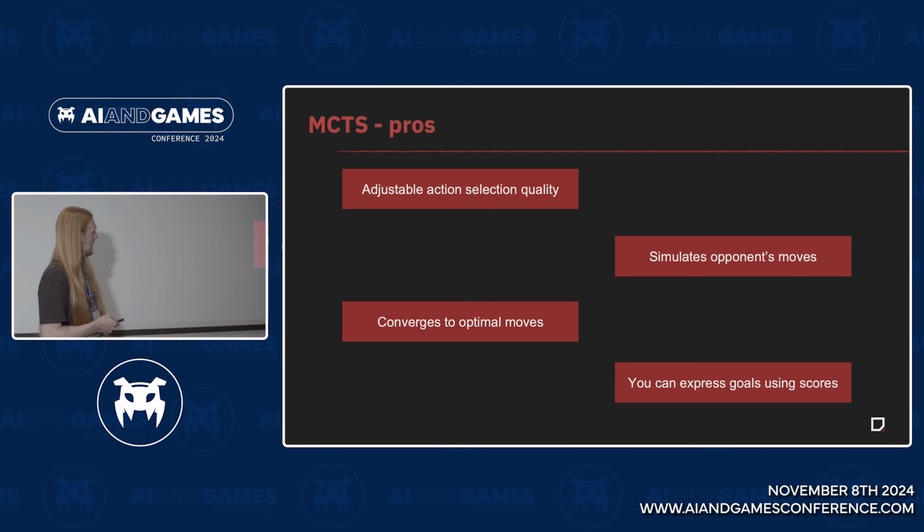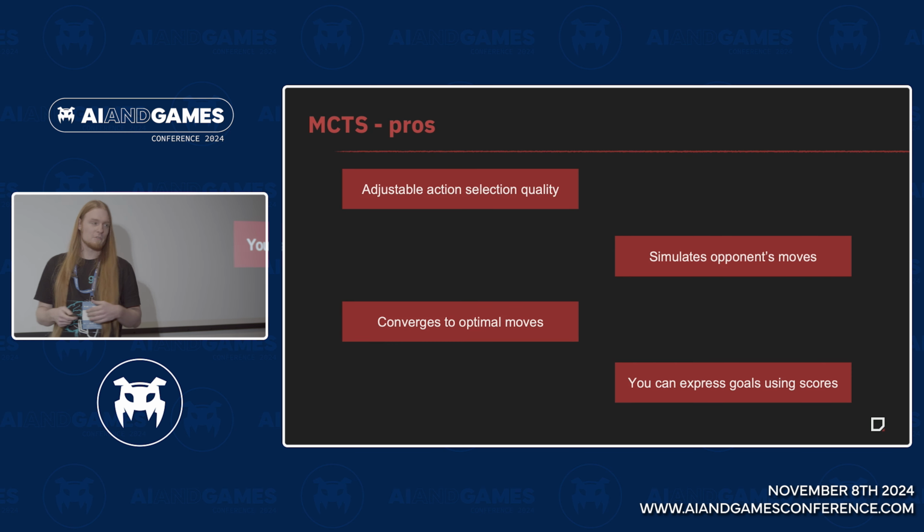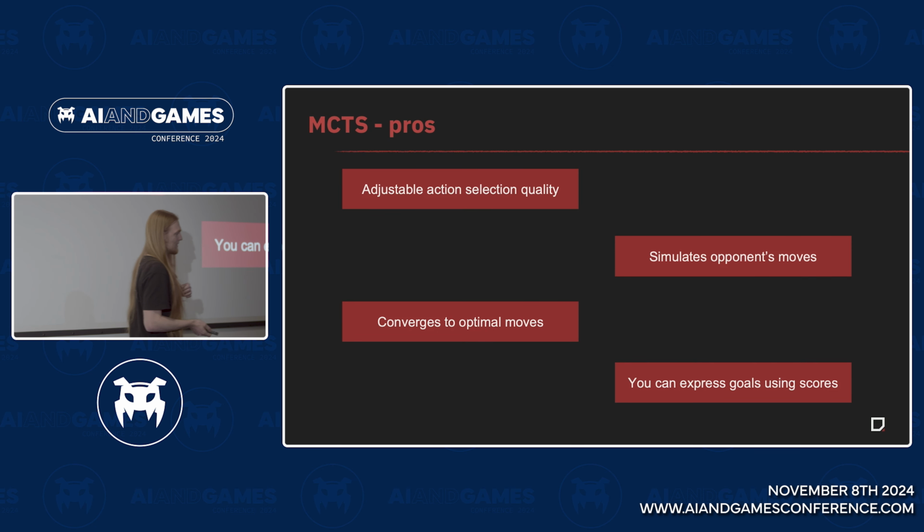And if you're using early termination with custom evaluation, game designers can tweak the evaluation function to express their design goals. So this is something to keep in mind, that you don't always want to maximize just the quality, but you want to reflect some design intentions that the game creators had.